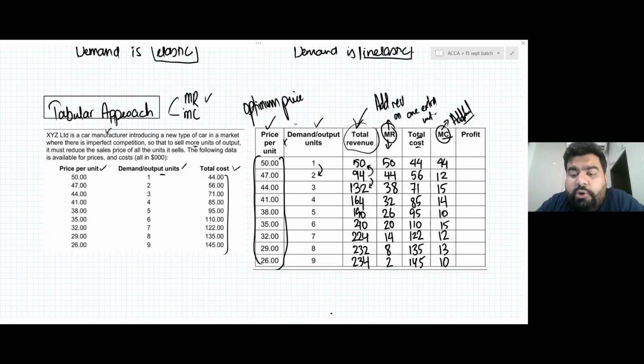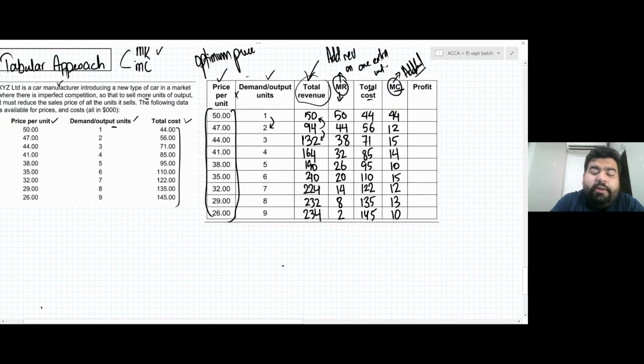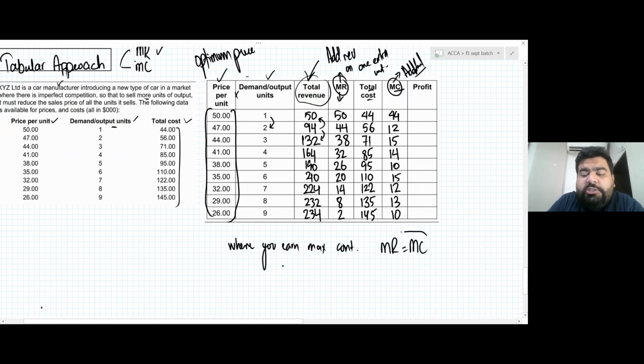So now, where do you earn maximum contribution? We know that point: where marginal revenue is equal to marginal cost.